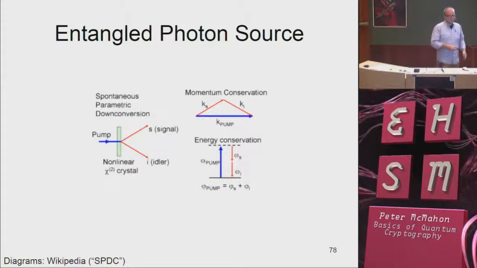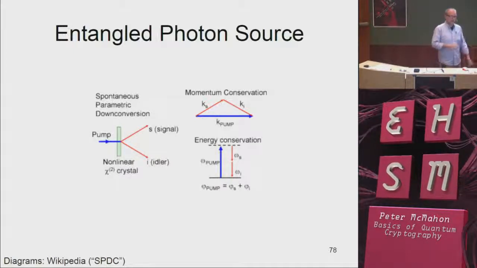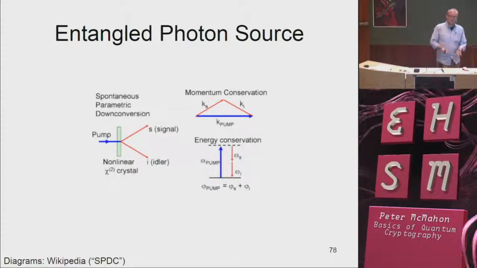And there's momentum conservation and angular momentum conservation, and this results, at least in some situations, in a case where you can pump the crystal and get out 2 photons that actually have correlated polarizations.